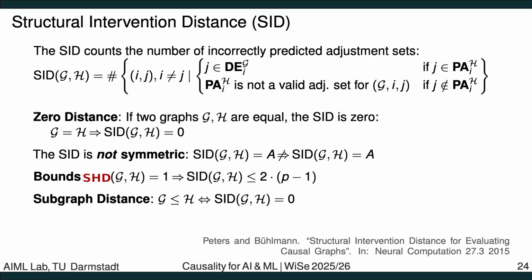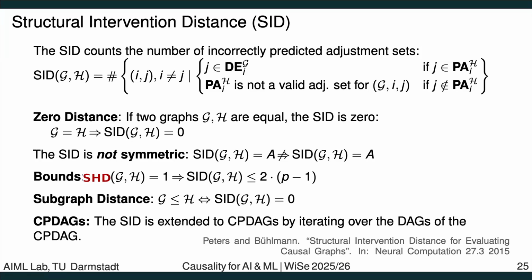And in particular, if G is a subgraph of H, so that means we have more edges in H than in G, then the SID is also 0. So this might be important: if we give you two graphs and you see that one of them just has some edges added, then you already know the distance will be 0.